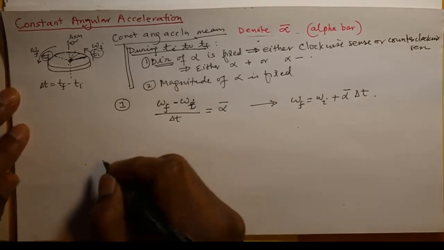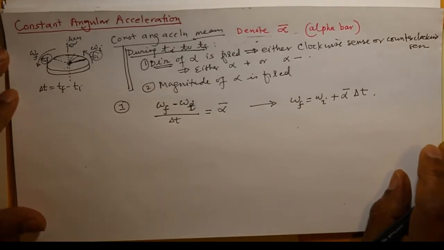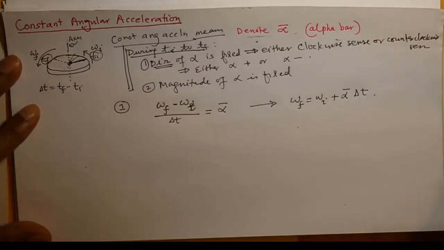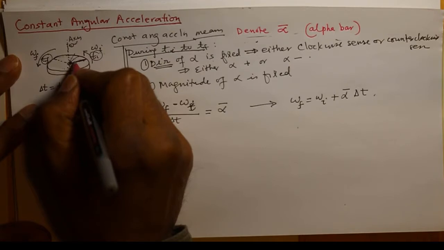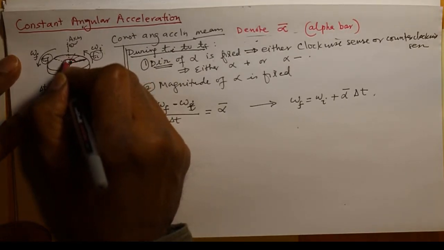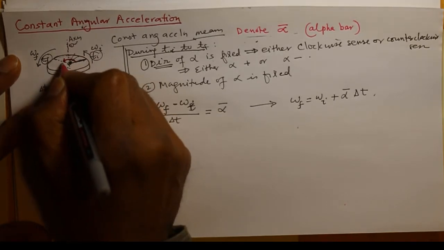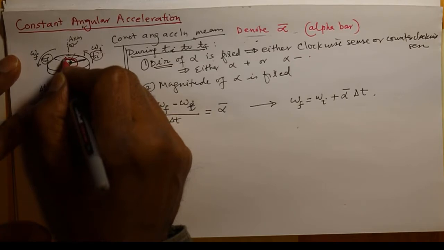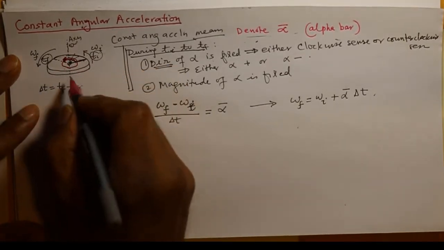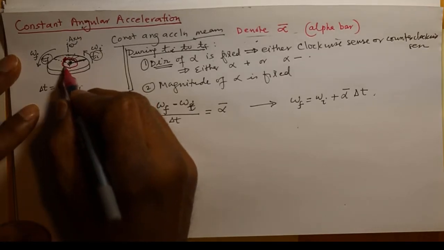Another thing that happens is how much angle it has rotated. It might have gone from here to here, or it might have gone around many times, so it's the total angle that is rotated, not just the direction.